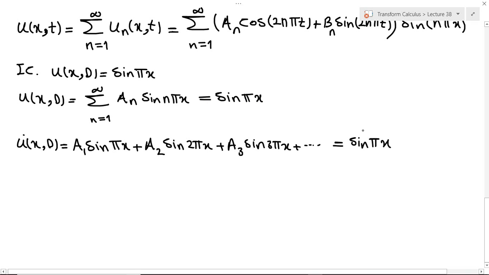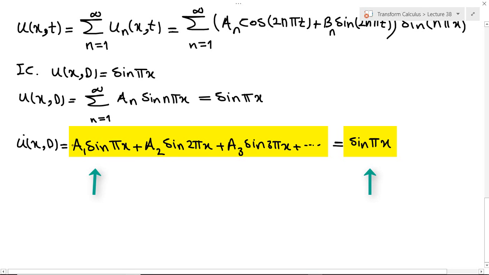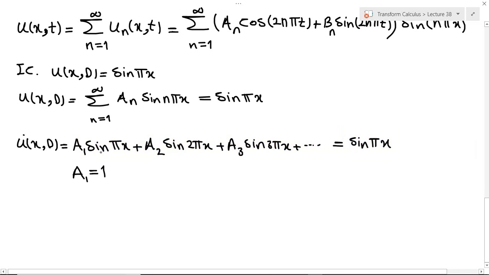If you compare the right hand side and the left hand side of the equation, in the right hand side we have sine pi x, in the left hand side we have a1 sine pi x. As a result, in order to make them equal, I assume that a1 is equal to 1. If a1 is equal to 1, we have a1 times sine pi x is going to be sine pi x, and it's equal to the right hand side of the equation, and I assume that a2 is equal to 0, a3 is equal to 0, and so on.